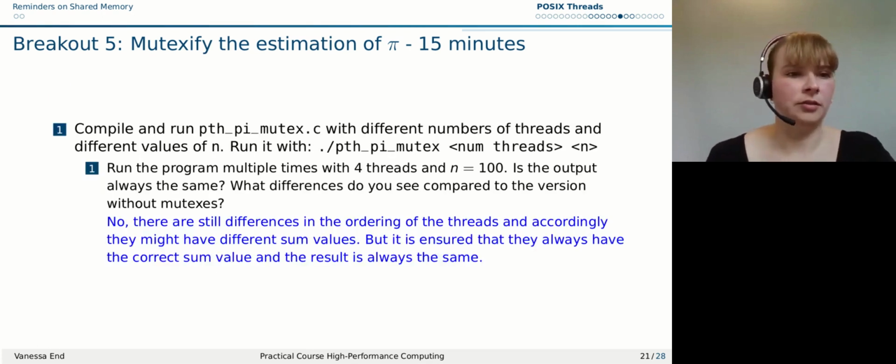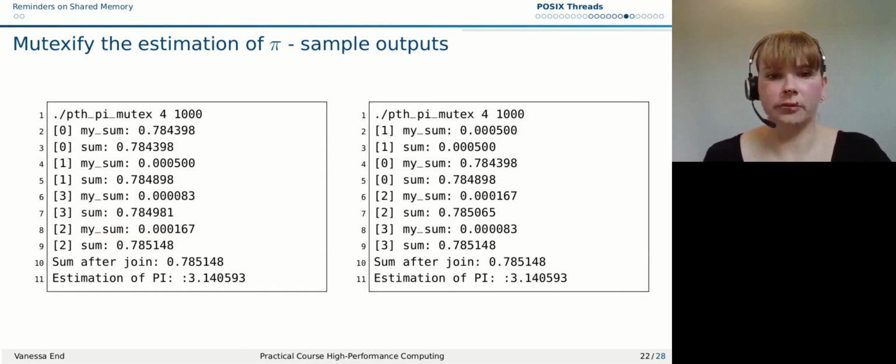Now, when you run it, you will again see that there's still difference in ordering the threads. So you sequentialized the whole thing, but you have not yet ordered it.